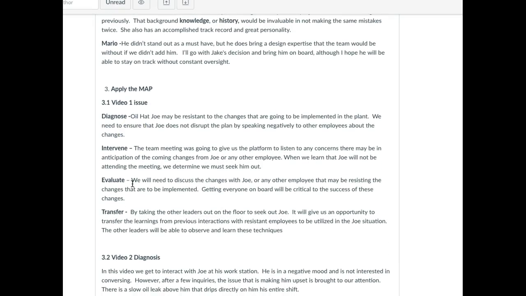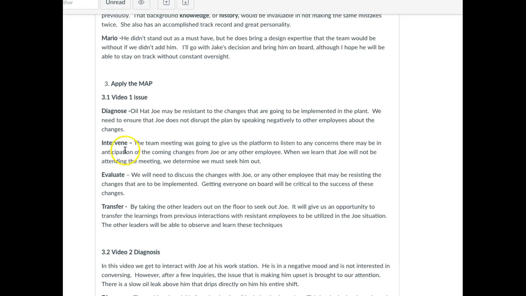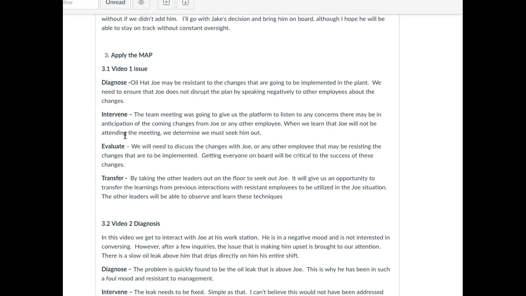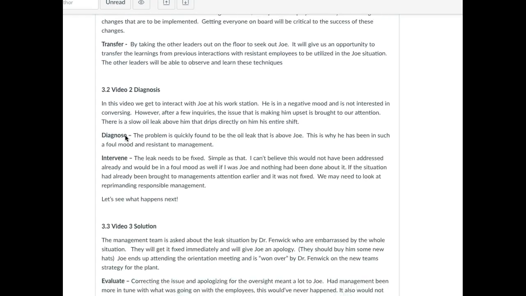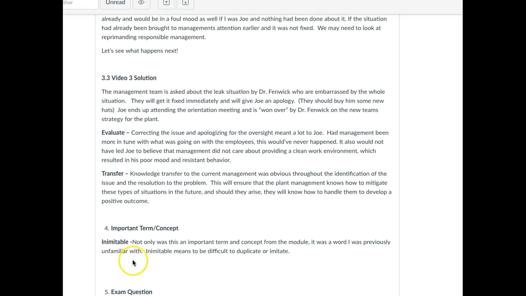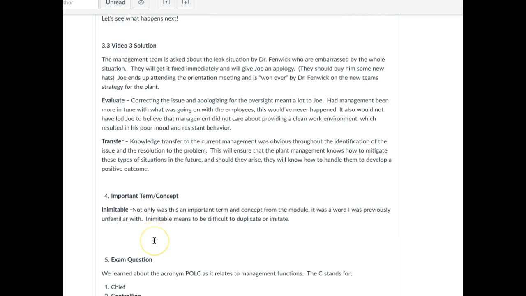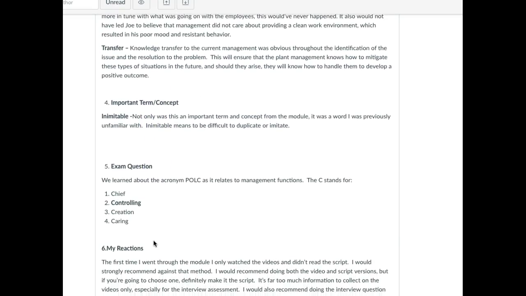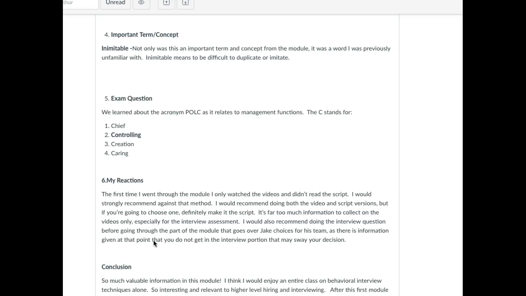And then he applied DIET to the Oil Hat Joe case study, and he did a nice job with that. Same way he got his important term concept, his exam question, his reactions, and a conclusion.